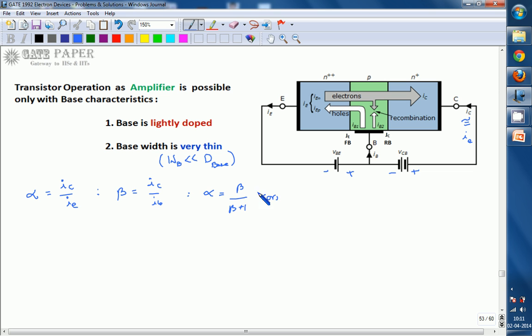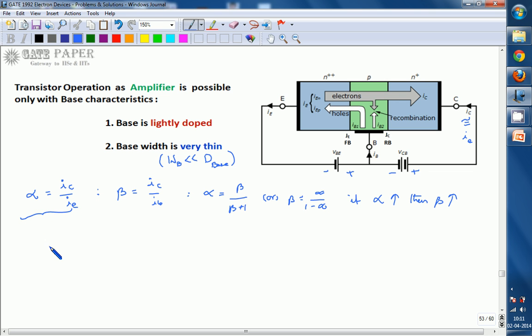Otherwise we can write beta is equal to alpha by 1 minus alpha. So if alpha increases, then beta also increases.